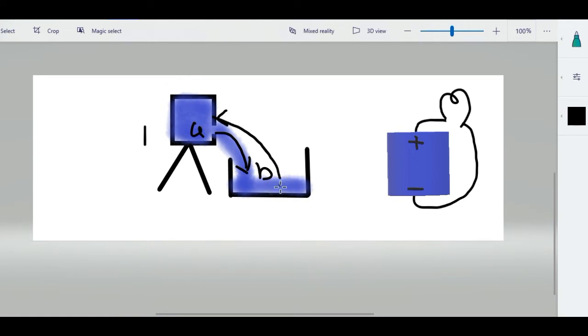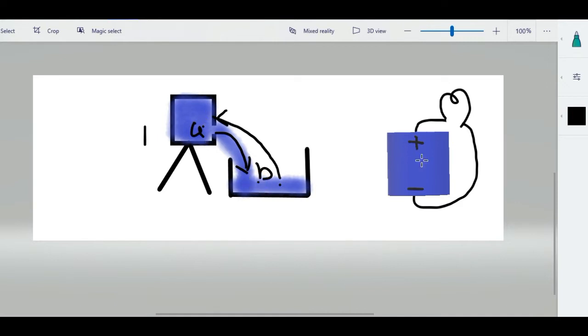Mark my words, lower level to higher level. The motor does that work, while no force is required to keep the water flowing from a higher level to a lower level.